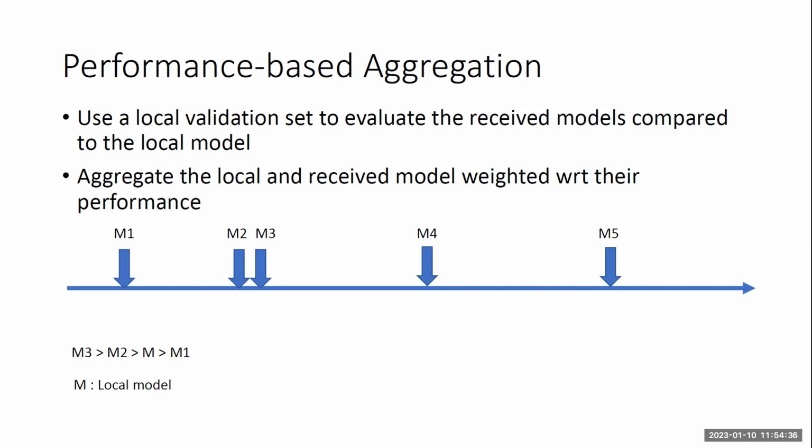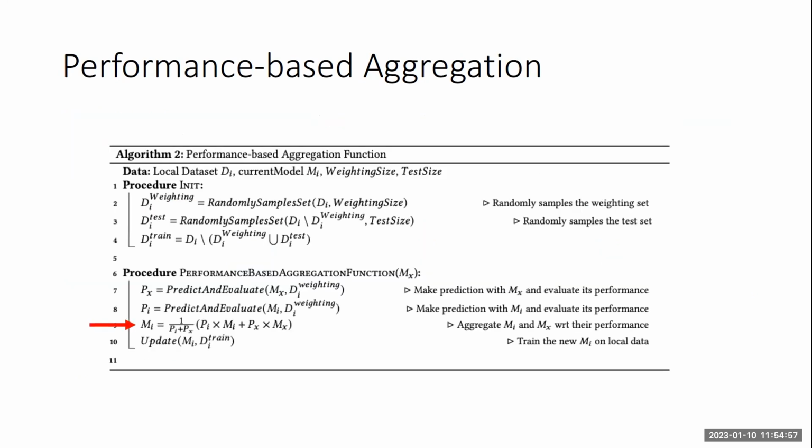So in the context of this work, each user had a local validation set to evaluate received models, and by somehow ranking these models with respect to the predictions that they provide to you, we would aggregate them in a differentiated manner, right?